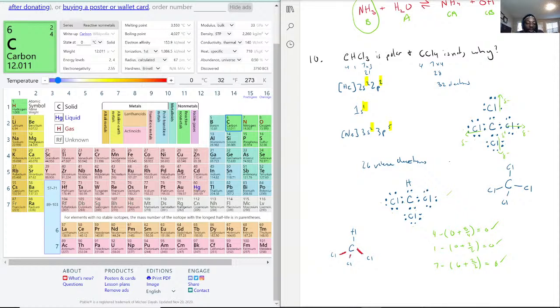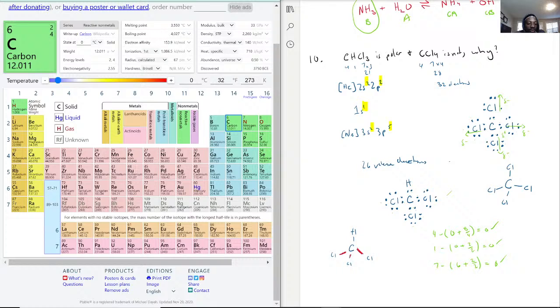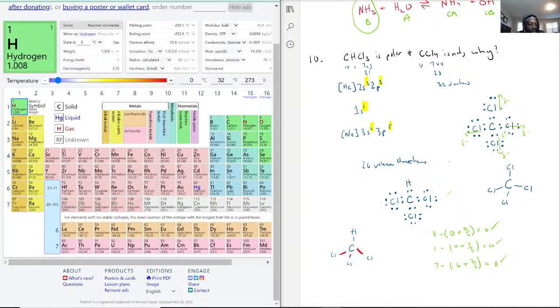So now let's compare carbon and hydrogen, okay? Carbon is 2.55 minus 2.20 for hydrogen's electronegativity, which is 0.35. So this bond right here is actually non-polar, meaning that now you have an uneven pull from all these three pulling, but hydrogen's not putting its work in.